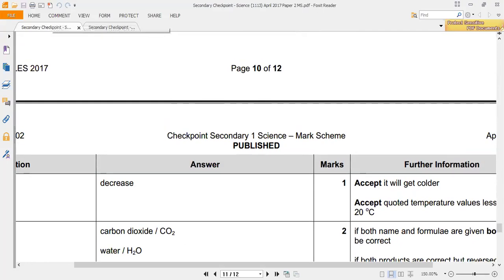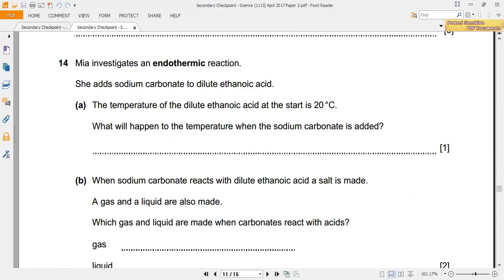What will happen to the temperature? It will decrease, because it's endothermic. Why? Because it will take heat from the surroundings. So the heat of the surroundings will decrease because some of this heat will be given to the reaction in order for it to start.